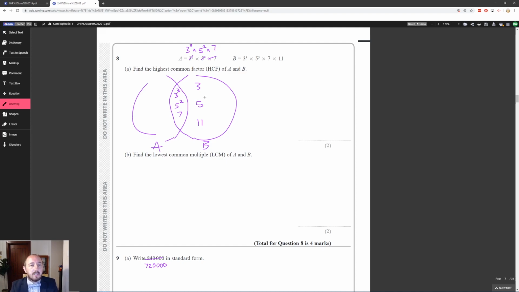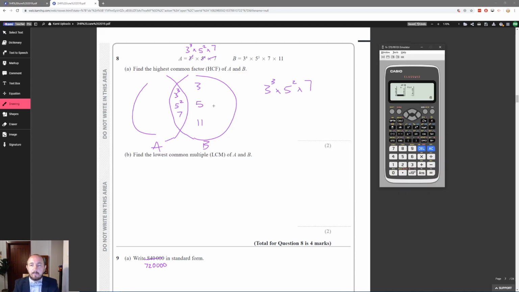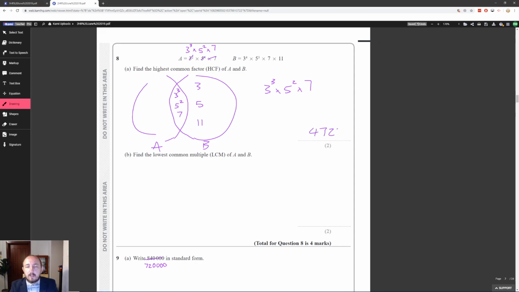So the highest common factor is 3 cubed times 5 squared times 7. So 27 times 25 times 7, 4725. And the lowest common multiple is everything multiplied together. So we've already done this bit here.